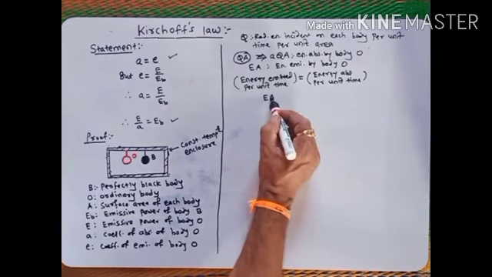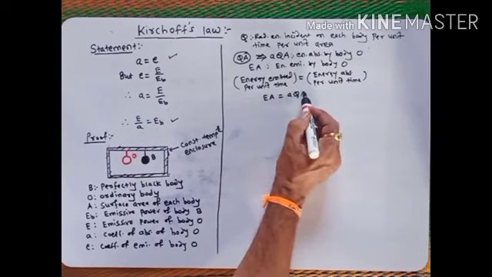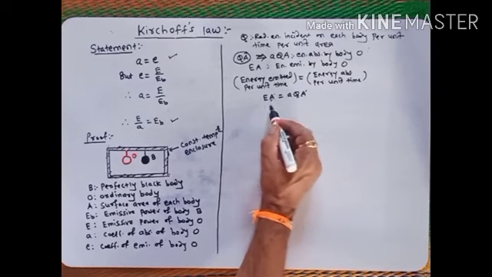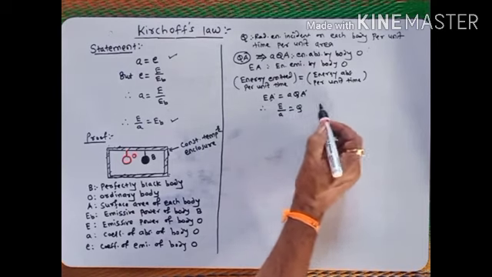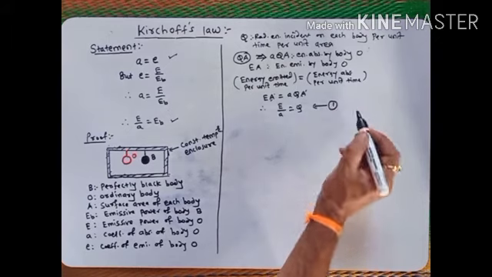That means E into A is equal to a into QA. This A gets cancelled and therefore E upon a is equal to Q. Suppose this is equation number 1.